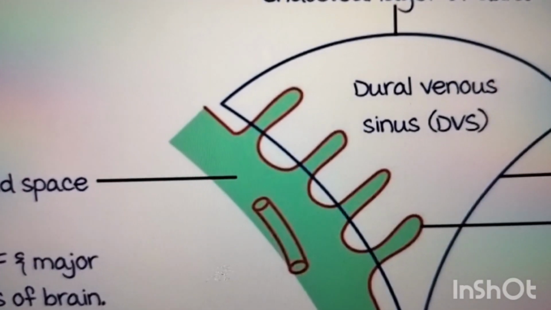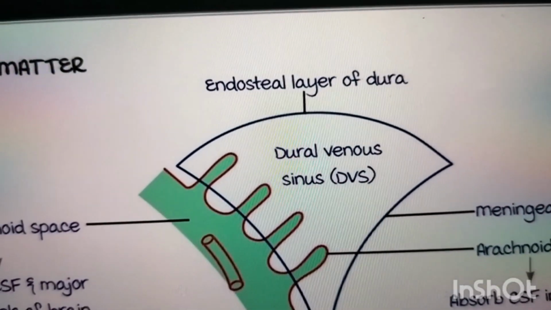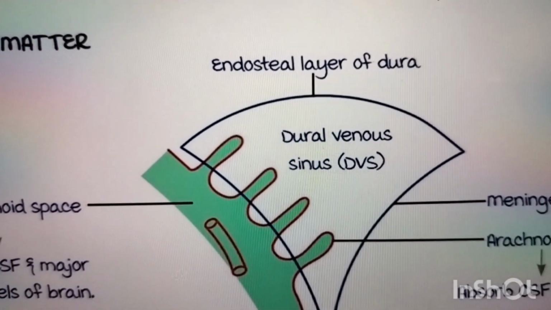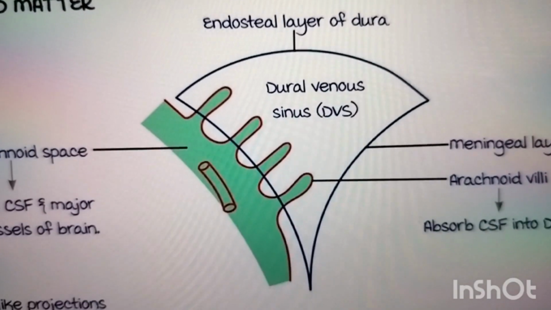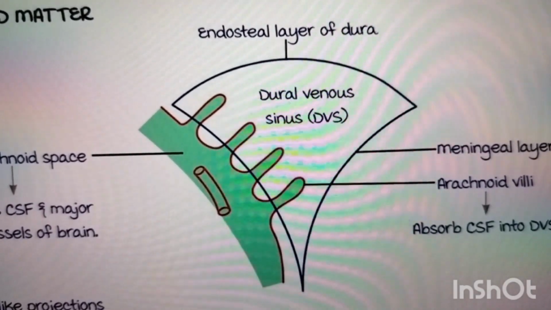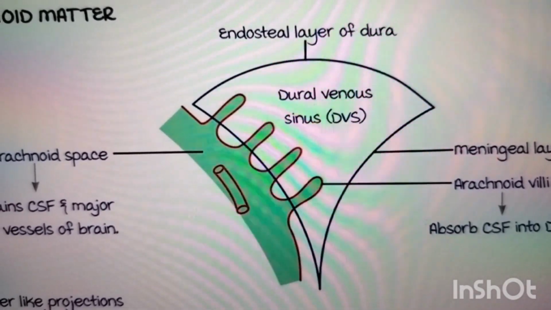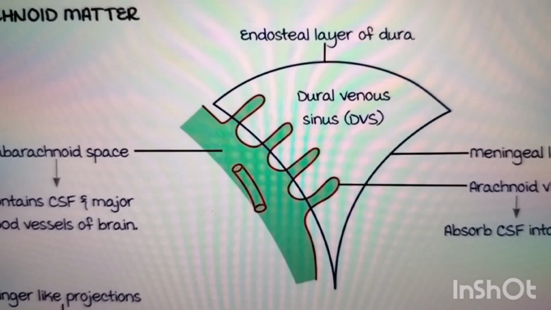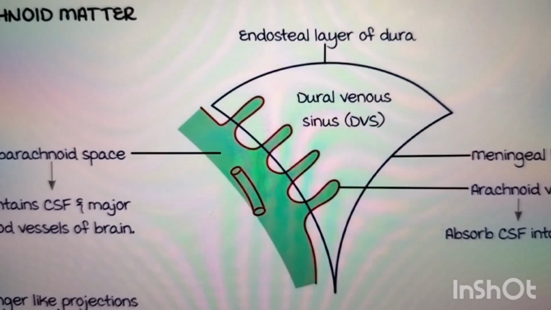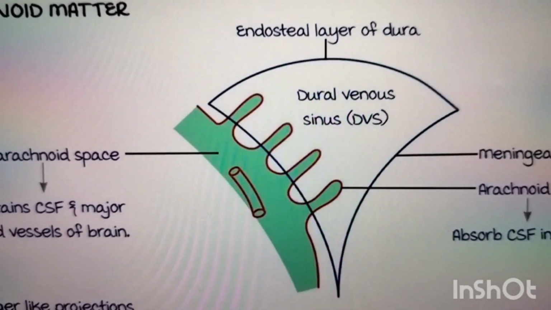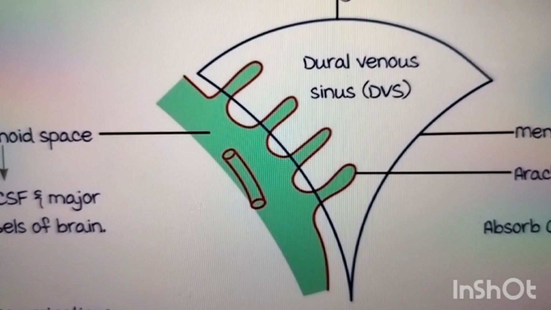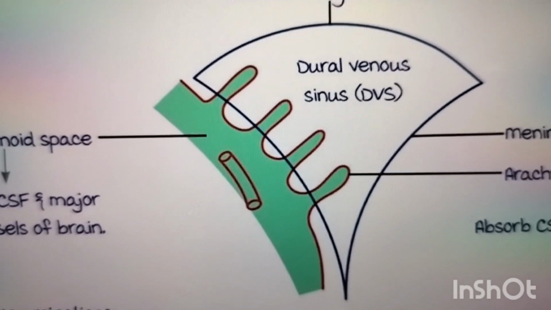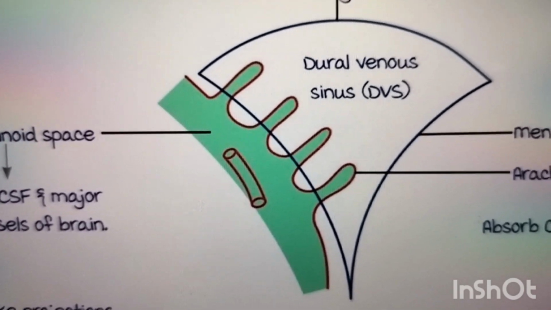This is the part you are seeing: the endosteal layer of dura, and this is the meningeal layer of dura, which is going inside the brain, inside the sulci and gyri. You are seeing the dural venous sinus, and this red finger-like projection is the arachnoid villi.